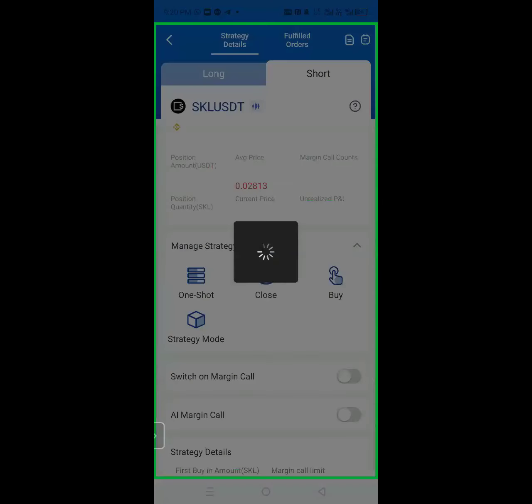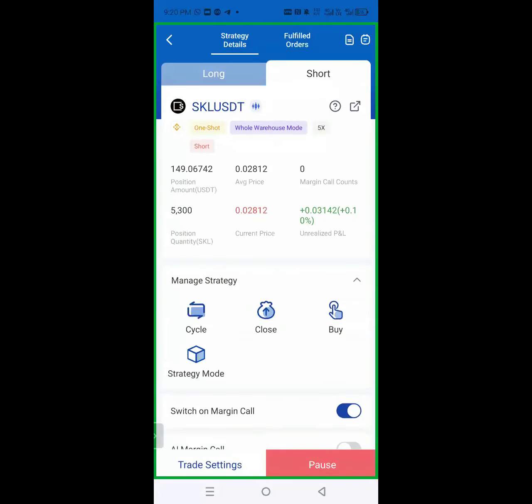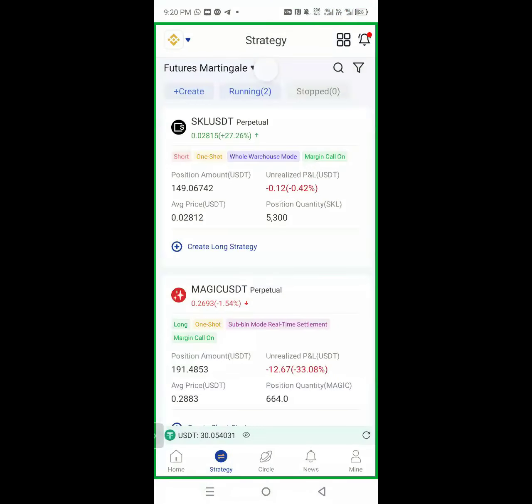You understand? I've changed all my own, so I can comfortably enter signals once I see them, because I've changed all these coins in my Binance. That is the first thing you're supposed to do before you start trading.